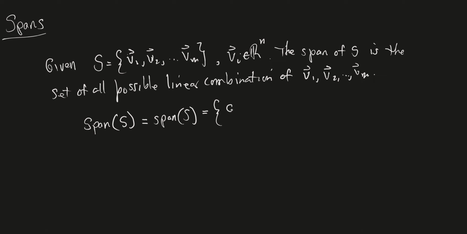So we'll have c1 times v1 plus c2 times v2 plus, up to cm times vm, where all these scalars could be any real number. So the ci's are real numbers, and that's what the span is.